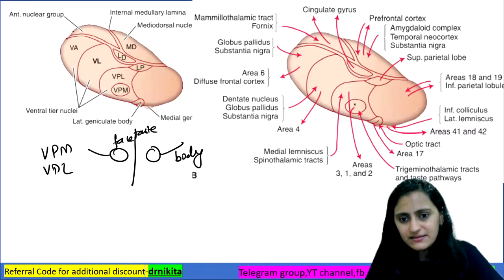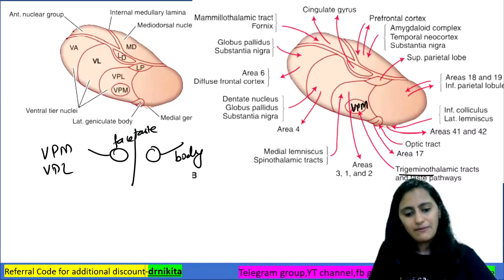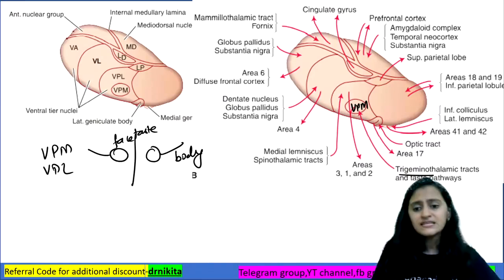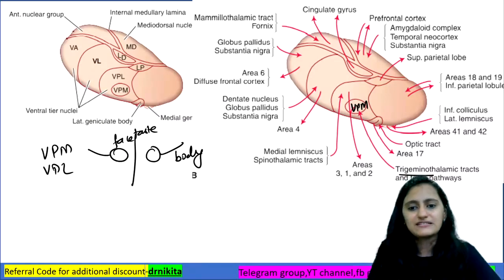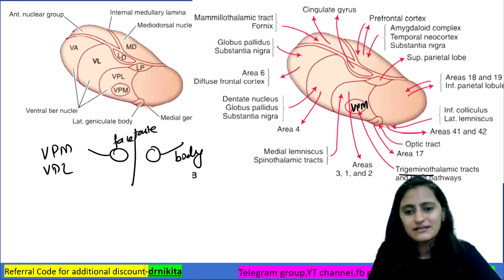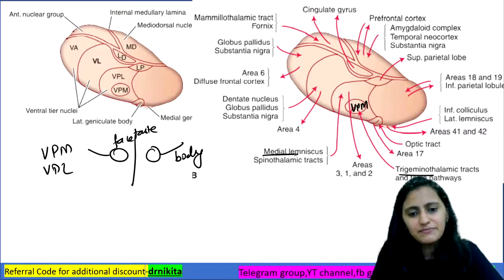So in the medial, this is your VPM, you will have the trigeminothalamic tracts and the taste pathway: nucleus tractus solitarius and central tegmental tract go to VPM. What goes to VPL? The medial lemniscus and the spinal lemniscus.